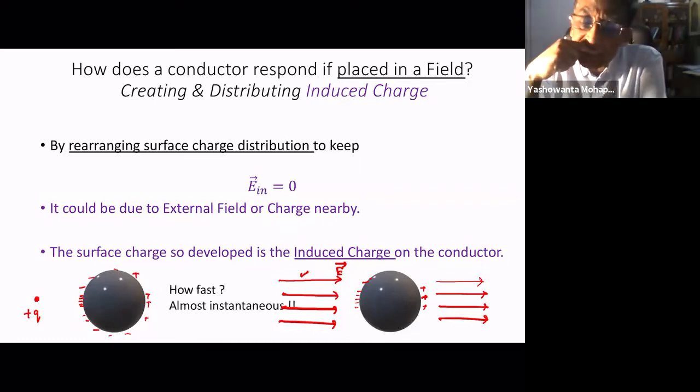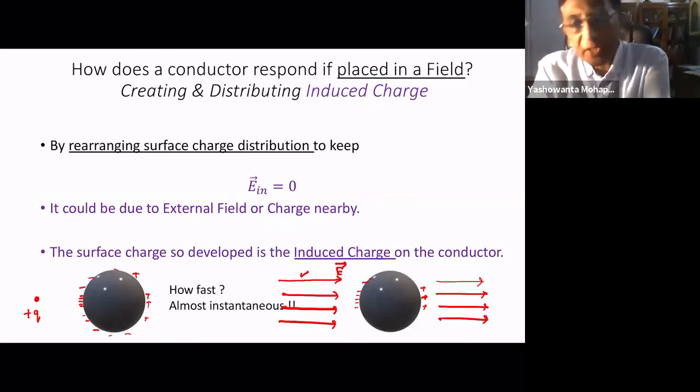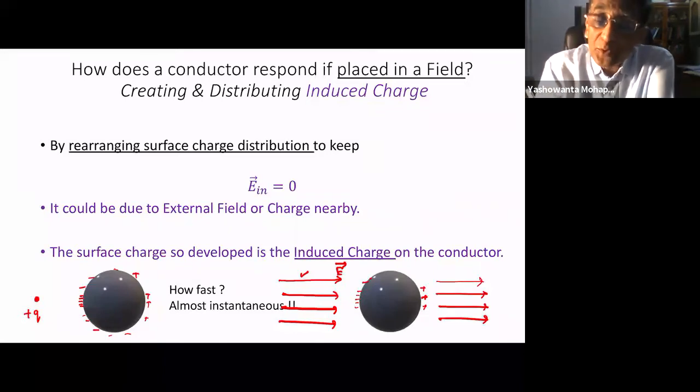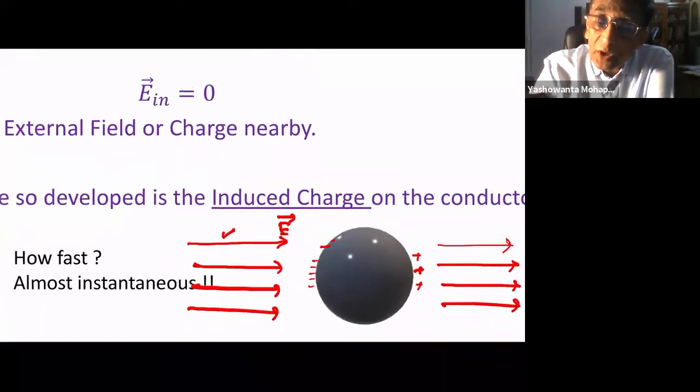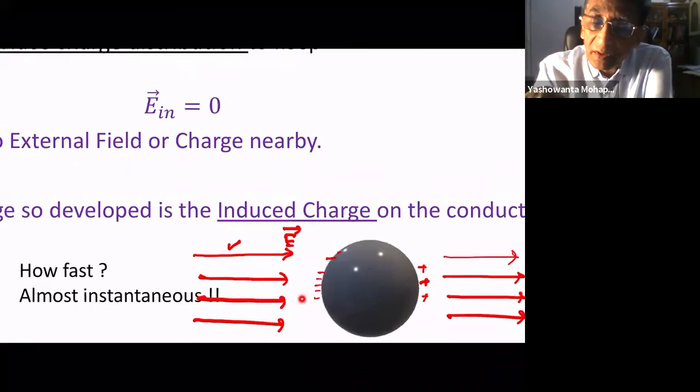How fast does this occur? An answer we'll have in the second part, but for all our purposes, it is almost instantaneous. For example, how fast will the field travel inside the body so that the electrons know? But electrons really don't have to move from the body to the surface.